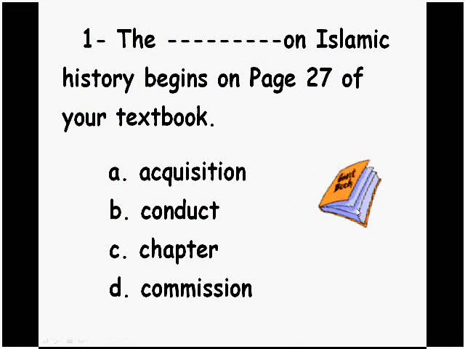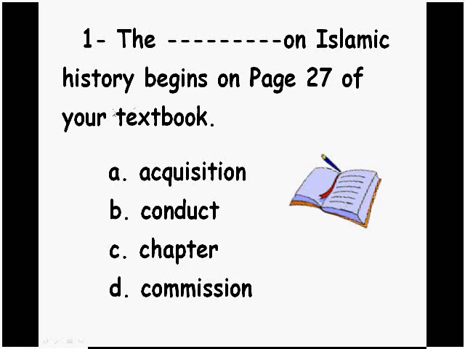Now let's have a look at these exercises. We try to do the same as what we did before. Try to use the clues which we were talking about now. Number 1 says, the blank on Islamic history begins on page 27 of your textbook. I have to look at the sentence carefully.